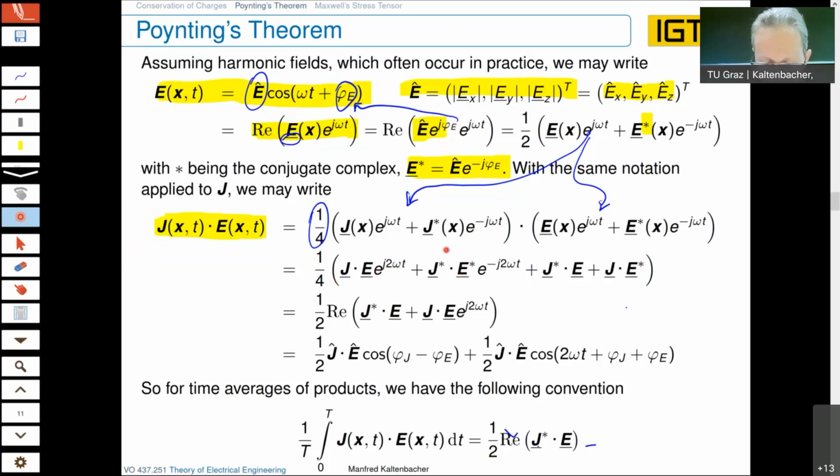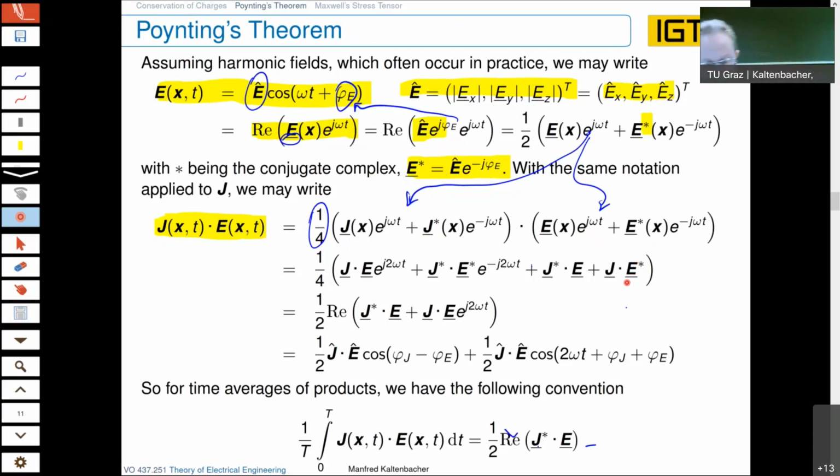And then we also have these mixing terms, ones with the complex conjugate of j and the electric field. The exponential function here clearly adds up to 1.